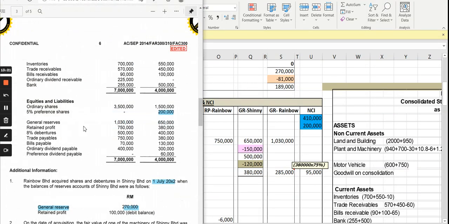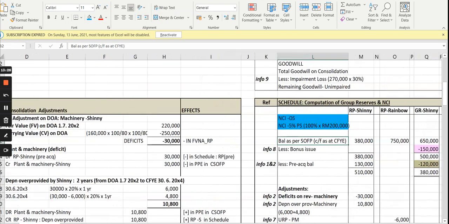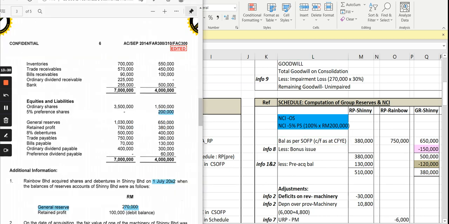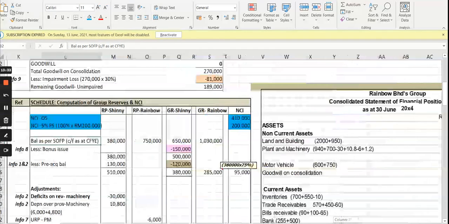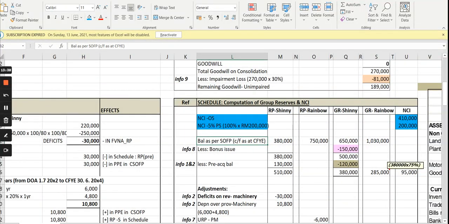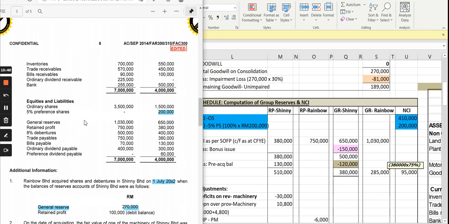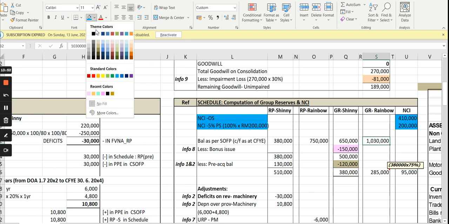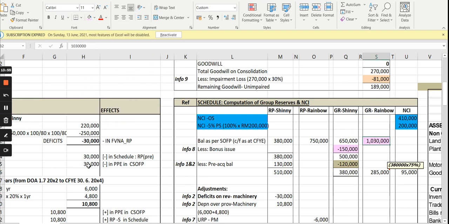You can go to the general reserve. Let me just show you a better view here. So the general reserve of the holding company, for example, 1030 will be included under general reserve of Rainbow or the group general reserve. This one.